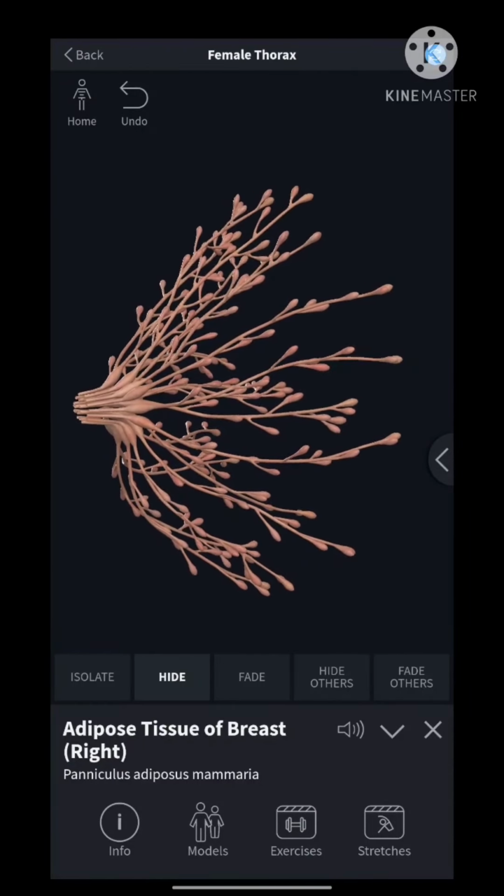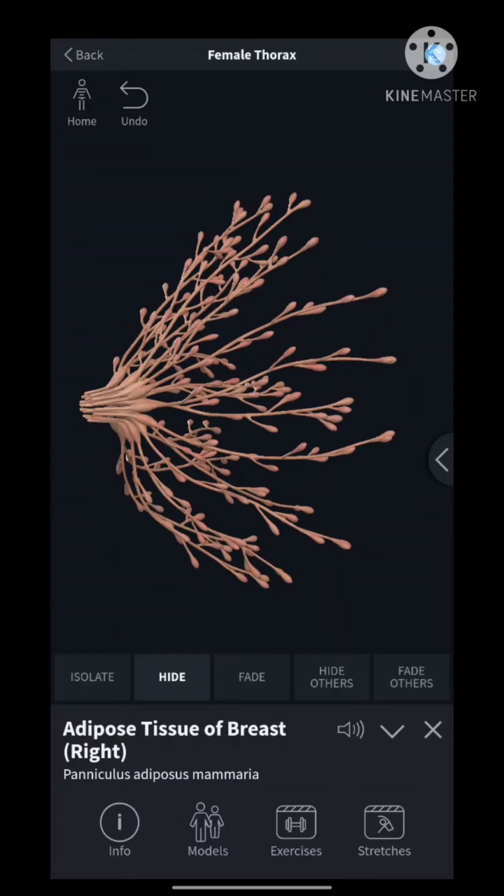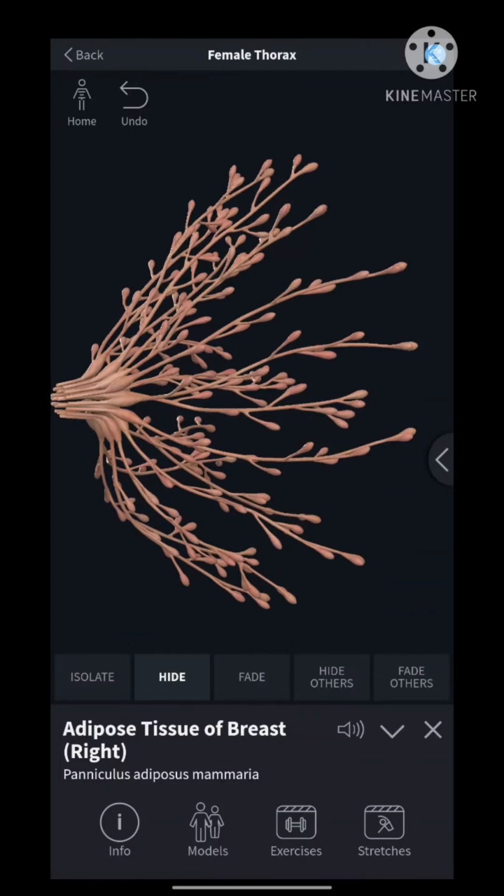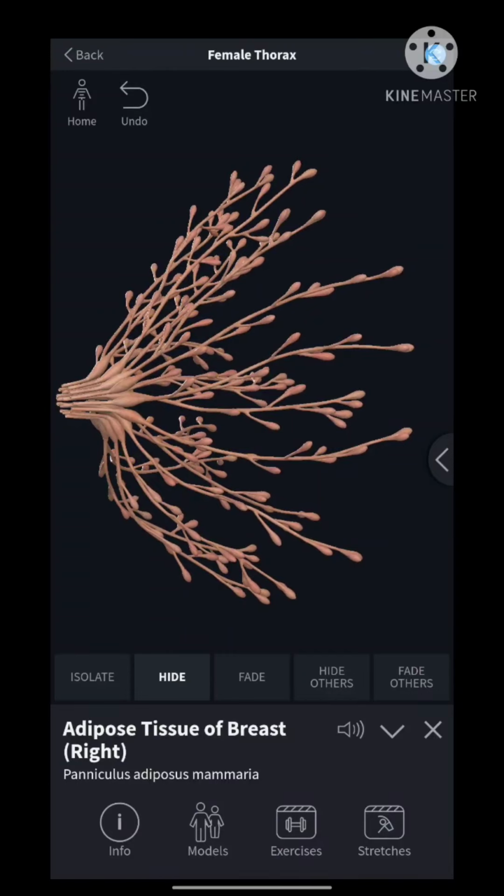First, the mammary gland of a female is divided into 15 to 20 mammary lobes. In each mammary lobe there are clusters of cells, clusters of tissue, known as mammary alveolus or simply alveoli, which secrete milk. Let me show you.